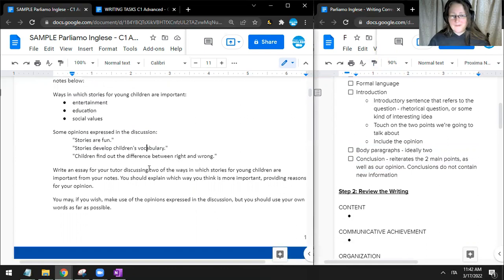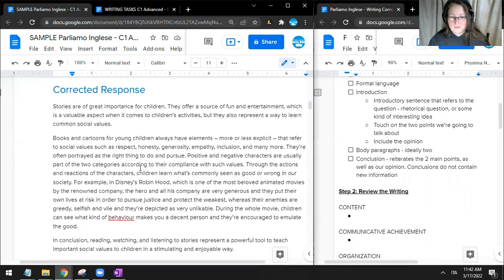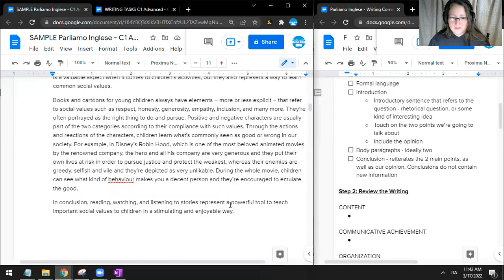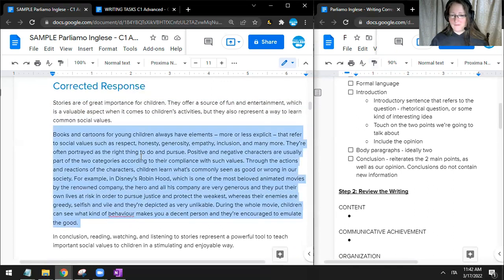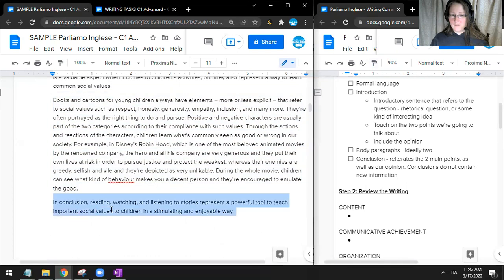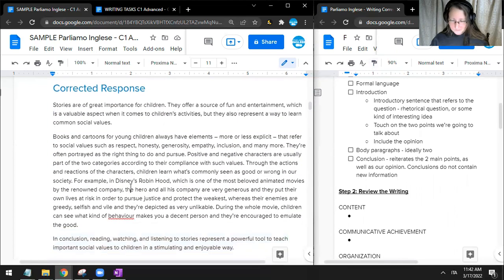All right, so let's move on to the actual exam question. Okay, and so just looking at first glance, I am a little worried because we have an introduction, 1 body paragraph, and what looks like a conclusion.